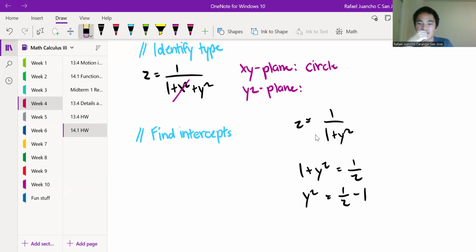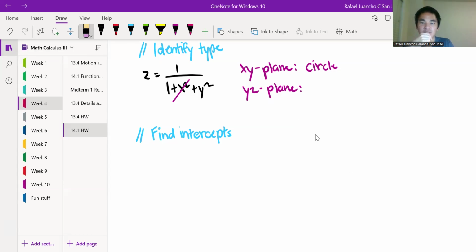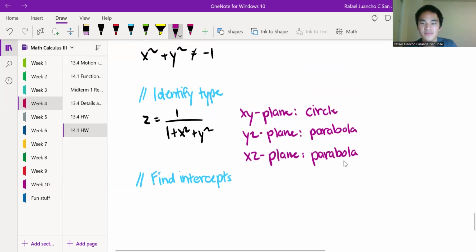And then I can see, yeah, that is a parabola. Kind of looks like one. So let's say this is a parabola, right? And same goes if I take out my y in my xz plane, I also have the same parabola. So they're both parabolas in this case. So I have a circular paraboloid. That's what I have.